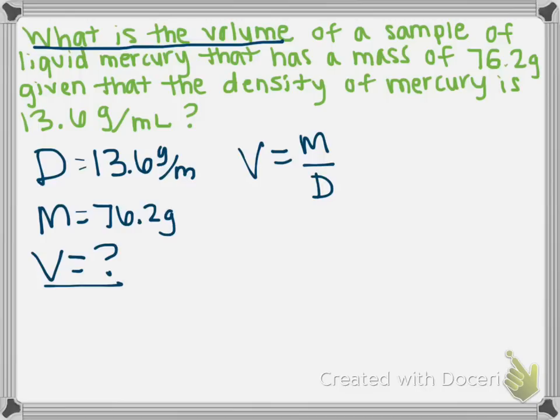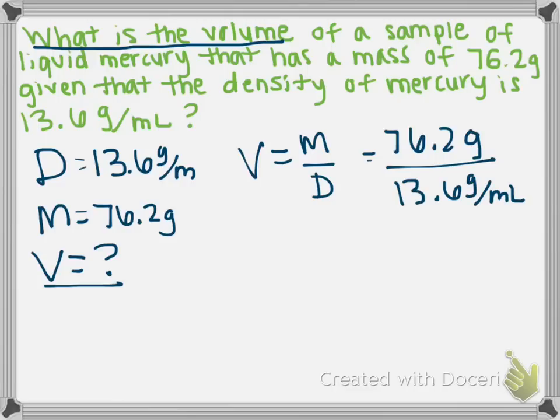We know that volume equals mass over density. So in this case, it equals 76.2 grams divided by 13.6 grams per milliliter. Okay? If you type that into your calculator, you should get that your volume equals 5.60294411, and it goes on.